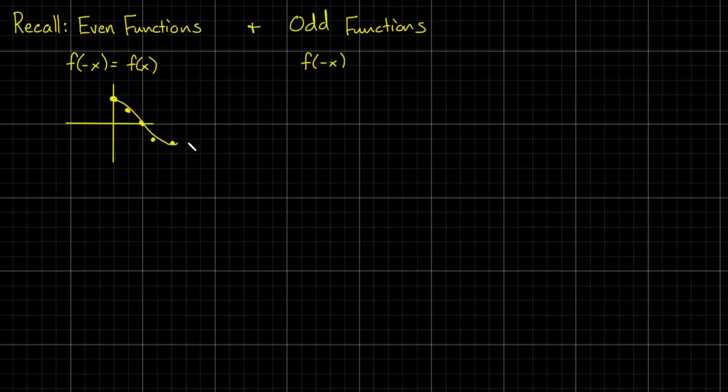If I plug in a negative 1, it should spit out a 1 again, which means this point would be right here. So as soon as I put, and I'm going to do this one in a second color just so it really stands out. If I plug in 1, I get this value. If I plug in negative 1, I get the same value. What does it look like I just reflected over? The y-axis.